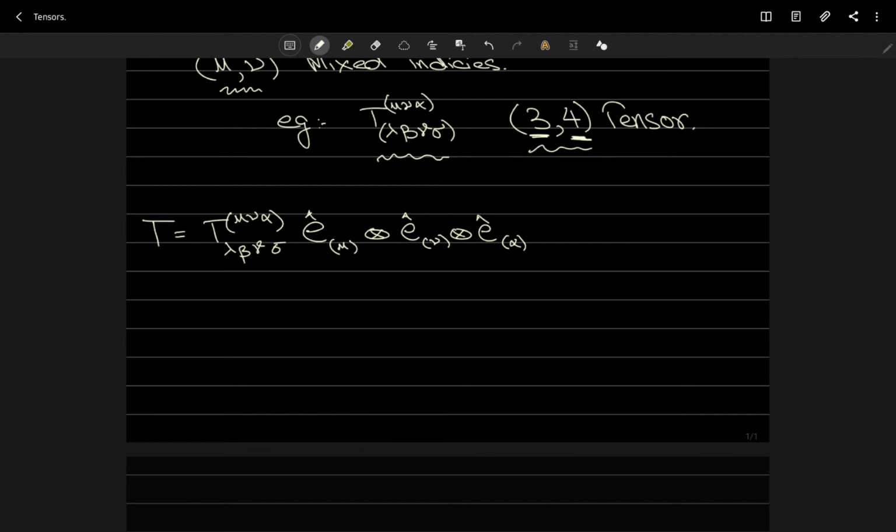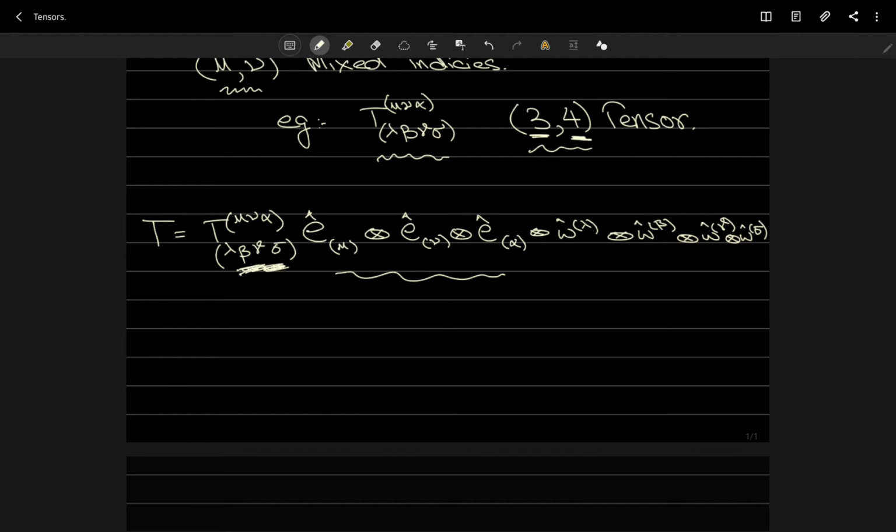This is for these upper ones, so we are in the ordinary vectors right now, these are your ordinary basis vectors. For the lower ones, you go into the dual vector space, or one forms, and there you have your basis w-hat^lambda tensor product w-hat^beta tensor product w-hat^gamma tensor product w-hat^sigma. I got these from these lower indices.